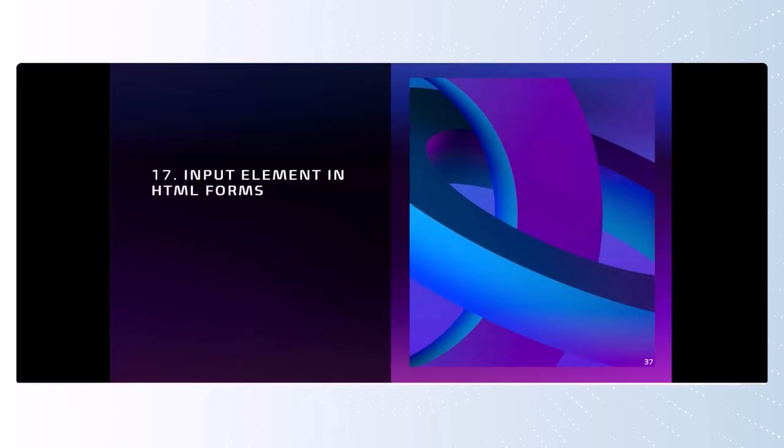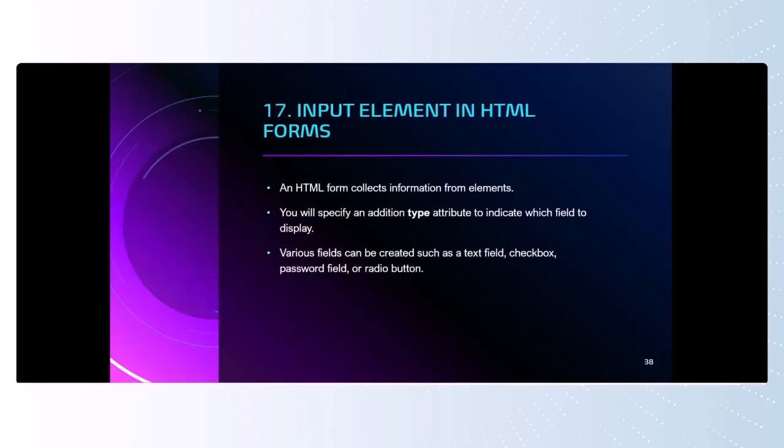Input element in HTML forms. An HTML form collects information from elements. You will specify an additional type attribute to indicate which field to display. Different fields can be created, such as text fields, checkbox, password field, or radio button.